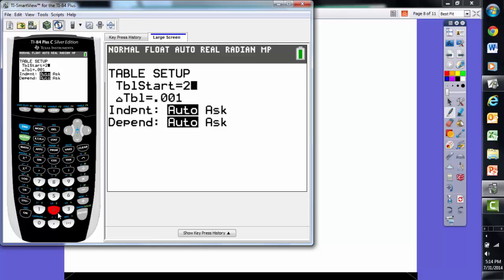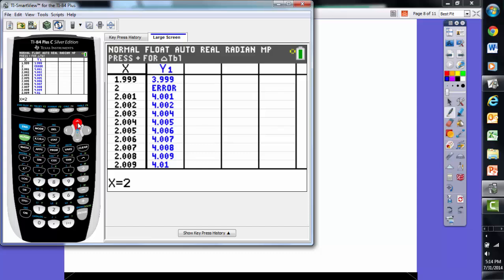So I'm going to start at 2. And now we're going to look at the table. Now you can see that that function does not have a value at 2. It's undefined. However, immediately to the left of 2, it's starting to look like 4. And immediately to the right of 2, it's starting to look like 4. So the limit as x approaches 2 of this function is 4.